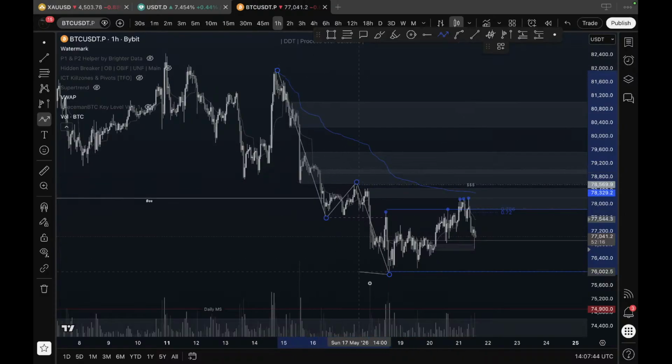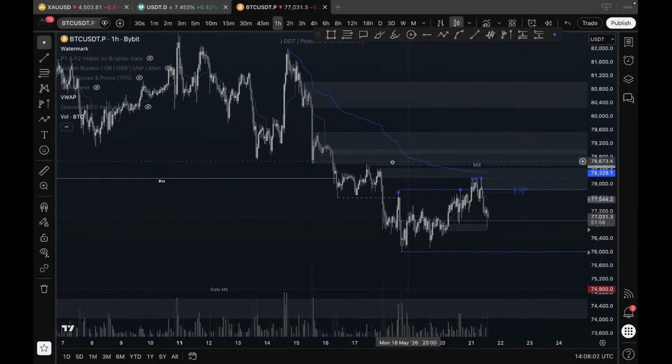Oftentimes in a downtrend or an uptrend, price likes to make pretty deep pullbacks before going back to the lows. So let's see, this is deeper than the 786, but still these are the regions where you can often expect that trend continuation.